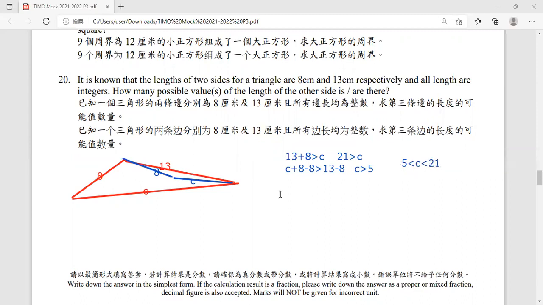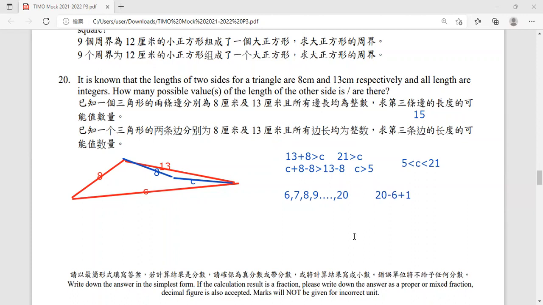So what is the value of C? You will find 6, 7, 8, 9, and so on, up to 20. How many numbers are there from 6 to 20? Yes, 15. You can use a formula, 20 minus 6 plus 1. But please don't remember so many formulas, because one day you may lose your memory if you catch COVID.